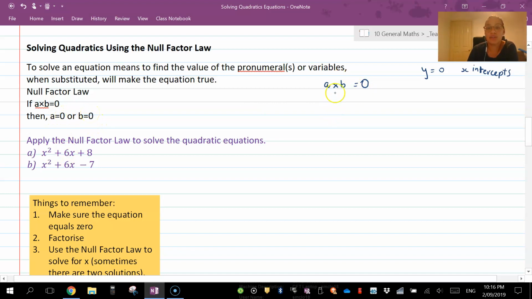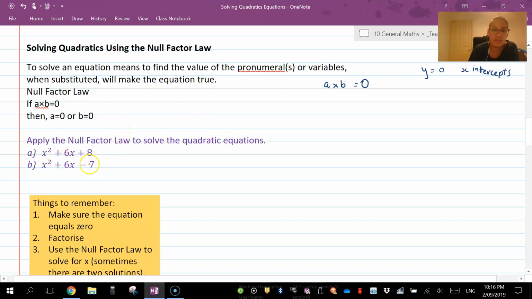At least one of these has to be equal to 0 in order for the answer to be 0. Anything multiplied by 0 gives you 0. That is why we use this null factor law, so we can make each factor equal 0 in order to solve these problems. That is what we are going to do.